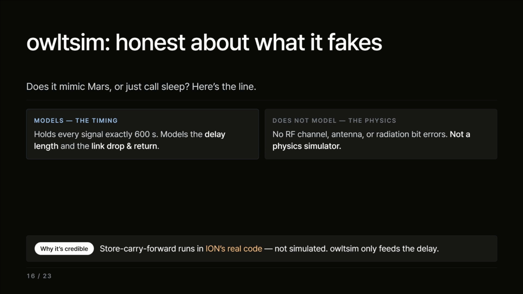What gives the experiment credibility is that the core DTN mechanisms themselves are not simulated. Store, carry, forward, bundle handling, and custody processing are all performed in ION's actual implementation. So the owltsim we used in our demo simply supplies the delay, and the networking behavior comes from real DTN software. With that distinction established, let's look at the experiment.